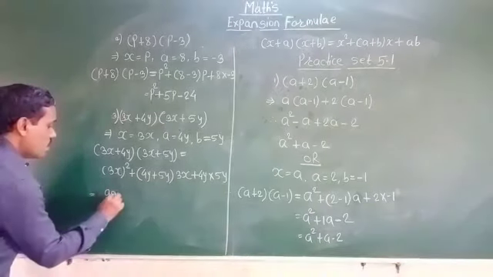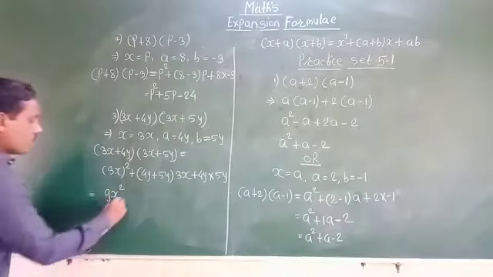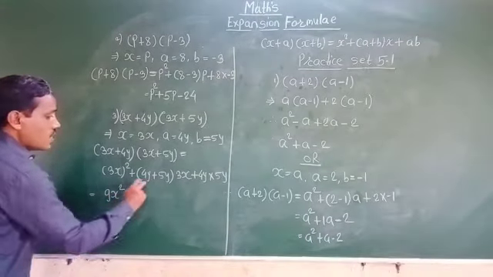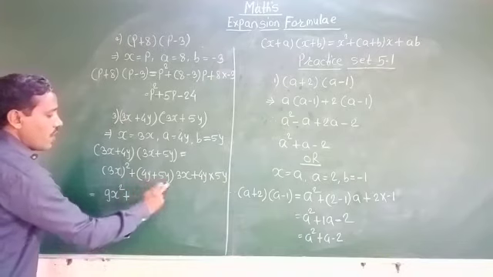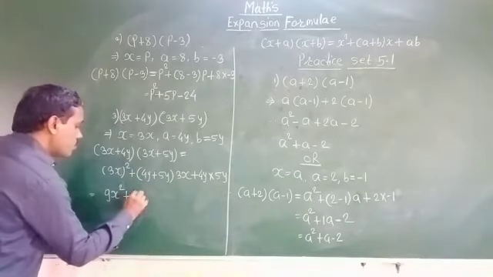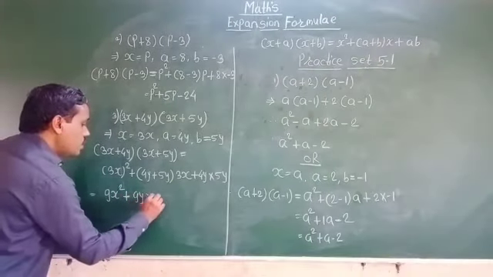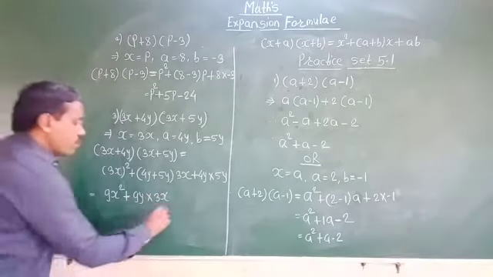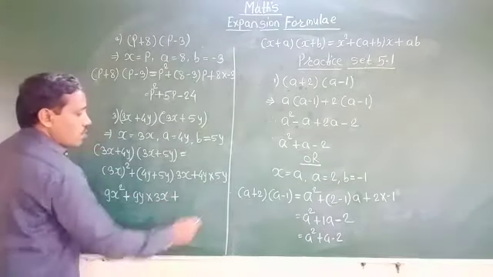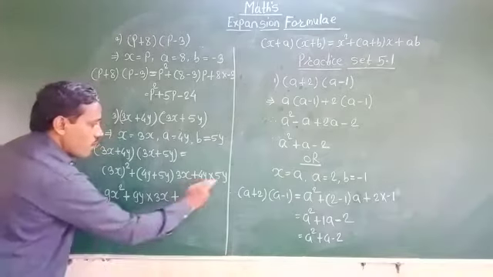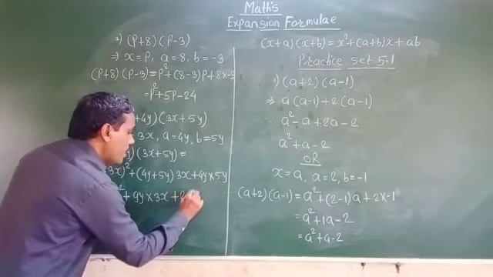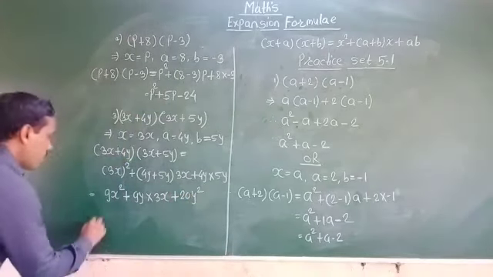It is 9x square. What is the sum of 5y plus 4y? 9y, into 3x. What is the product of 5 into 4? 20 y square.